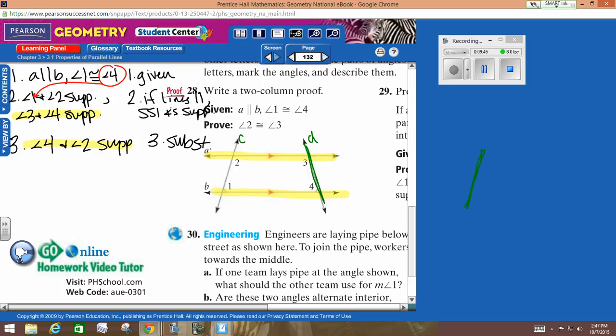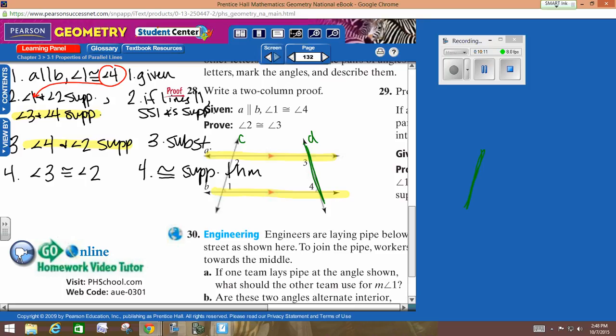Congruent. Because think of it like on that number 9. If angle 4 is 100 degrees, then 3 has to be 80. Well, if angle 4 is 100, then 2 has to be 80. So they're congruent. So step 4, angle 3 is congruent to angle 2 and we're using that congruent supplements theorem. Two angles supplementary to the same angle are congruent.